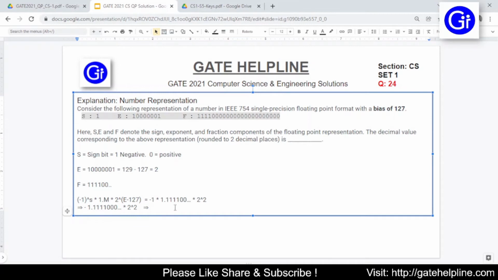So it will be minus 1 multiplied by 2 raised to power 0, and when we multiply by 2 raised to power 2, the powers will be added. So we can simply start a bracket here and write this 2 here.